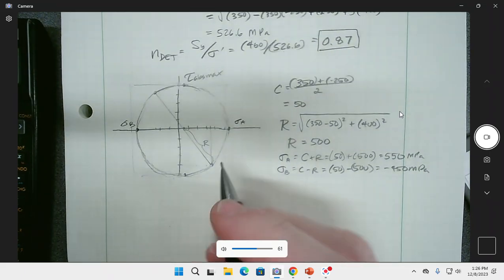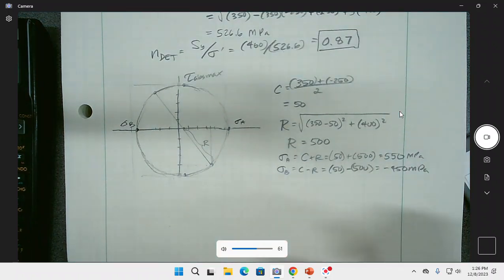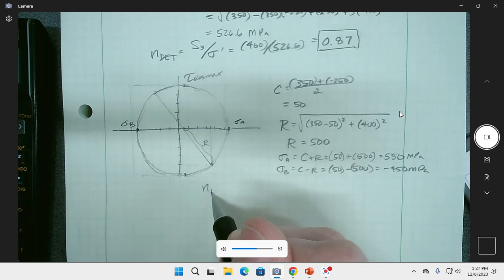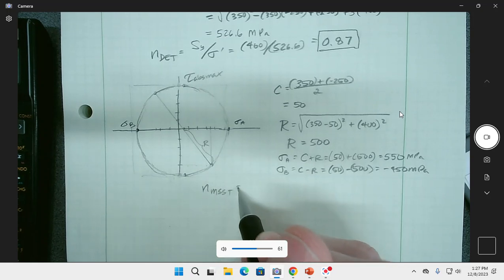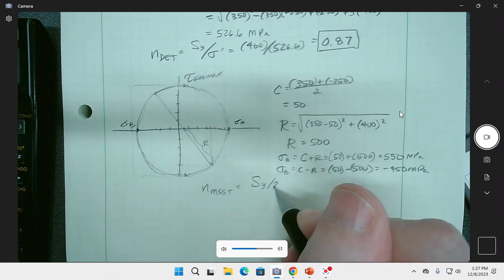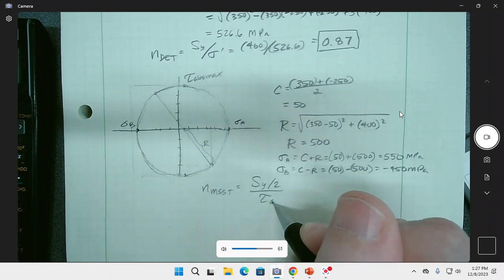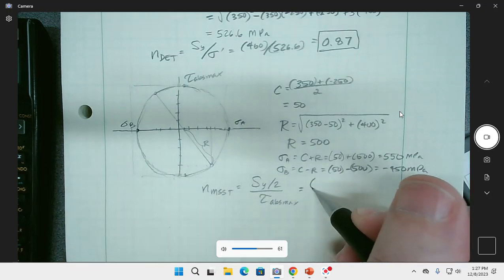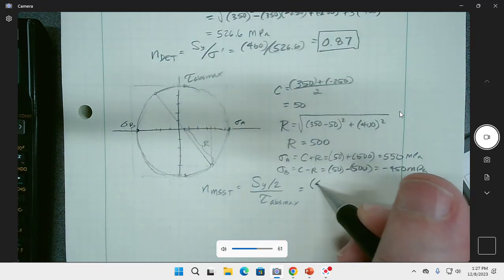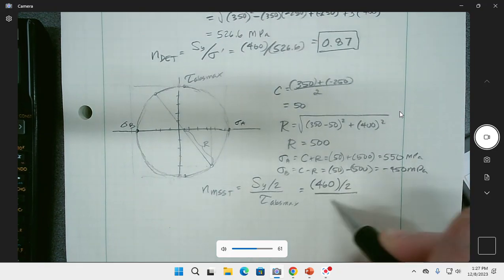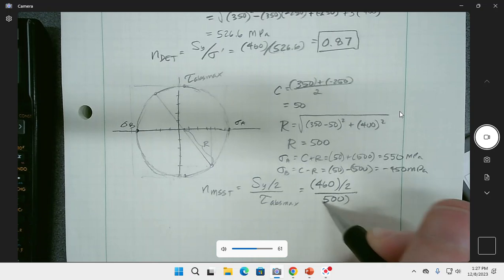So maximum shear stress theory. What we really want to have is N for maximum shear stress theory. We'll take yield strength divided by 2 over tau abs max, or 460 divided by 2 divided by 500.